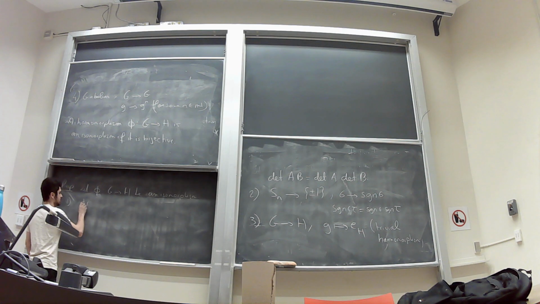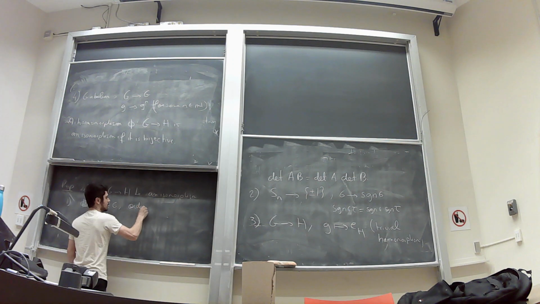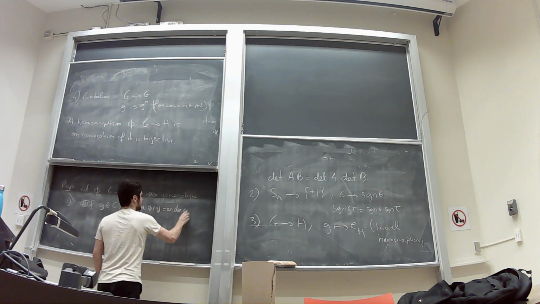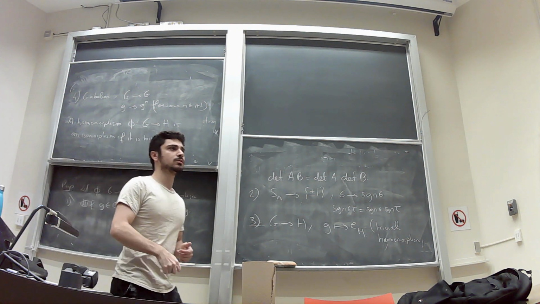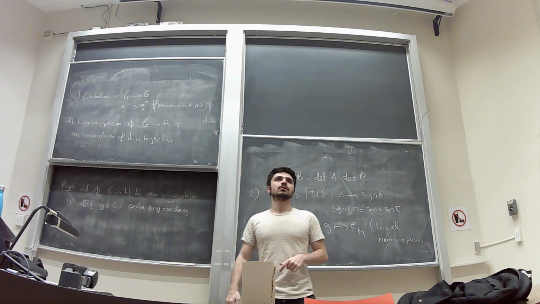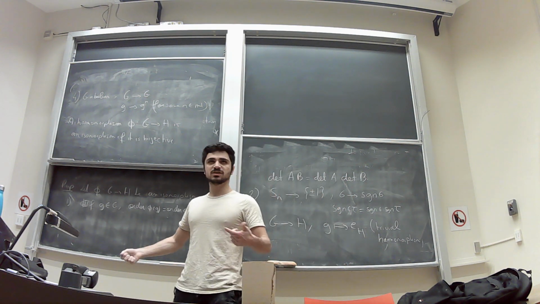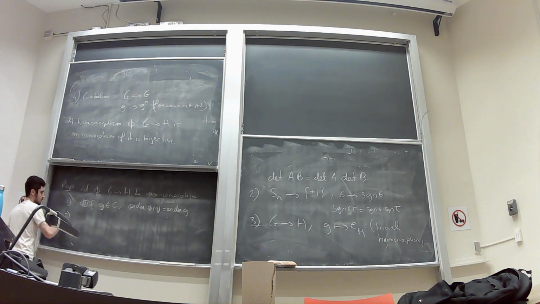Let g be in G. The order of phi of g is equal to the order of g. So an isomorphism will preserve orders. It maps an element of order 2 to another element of order 2. In particular, the number of elements of order 2 on both sides must be the same. These are some properties.